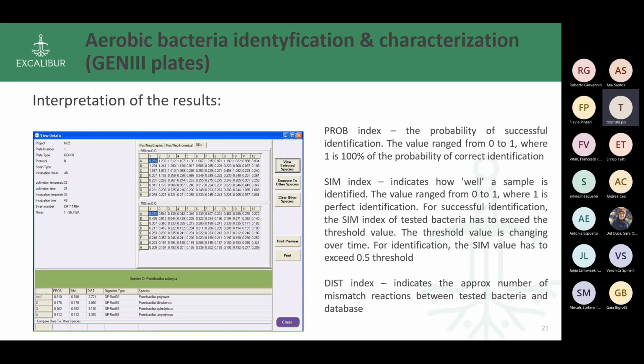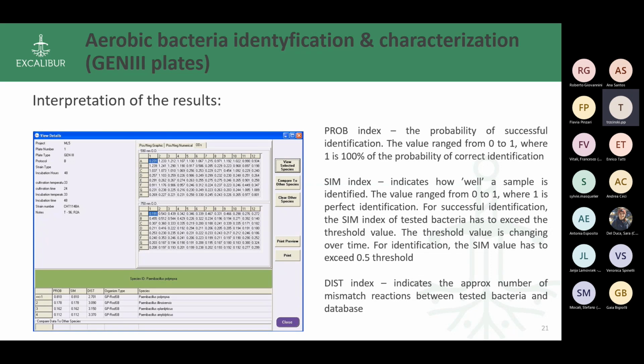For identification, the BIOLOG system compares the results from your microplate with the database, and the profile has to exceed a threshold.